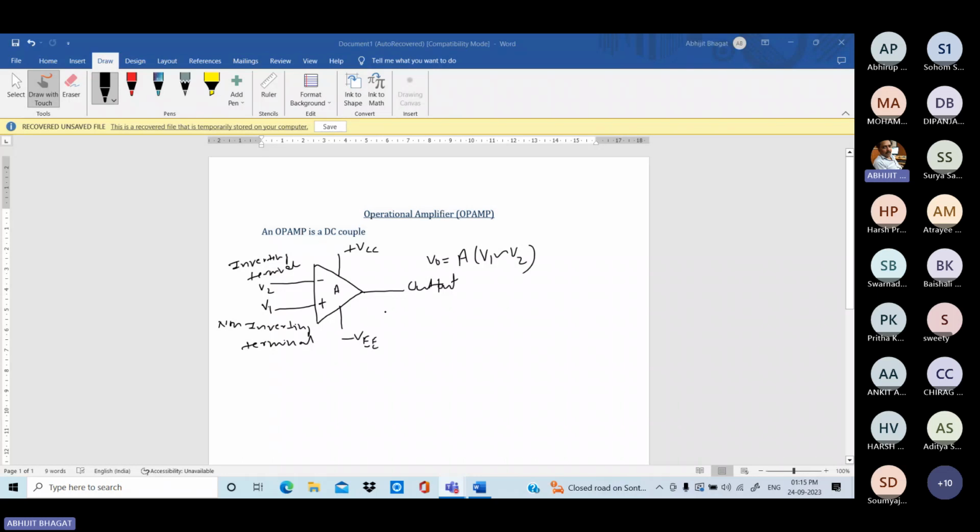Next, what are the applications of op-amp? First, you can note down, it is used for AC and DC signal amplification.